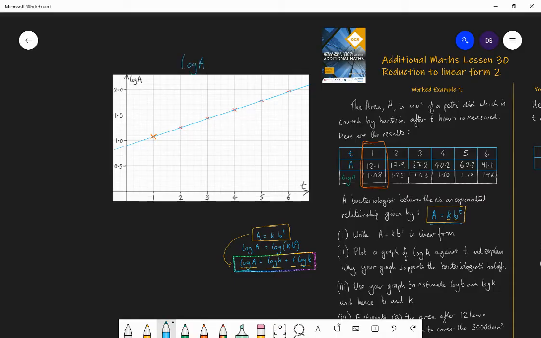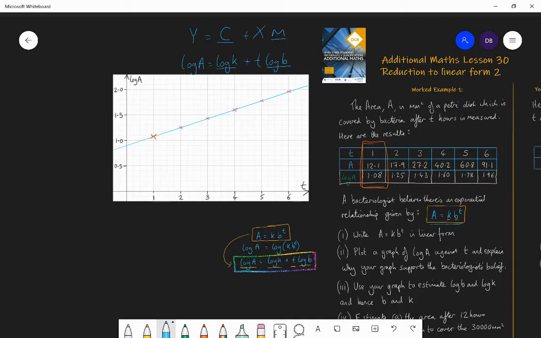Log A is equal to log of K plus T times log of B. Now we know that this follows a similar form as y equals c plus x times m, or mx plus c, but in a different order. So the c seems to match up with log k, and the m matches up with log b.